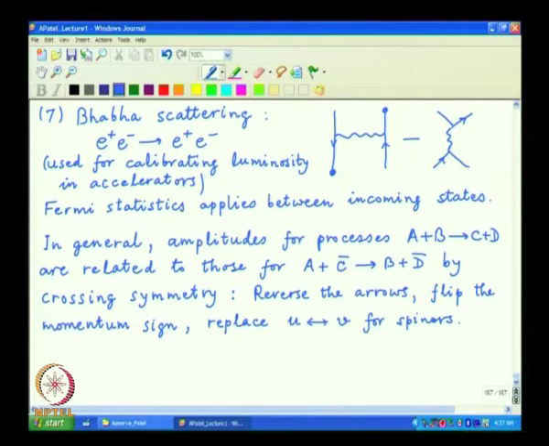So, this crossing symmetry is useful, and one does not have to do all the work all over again. If you know one of the processes, the other ones can be written down and calculated very easily, so it is a useful property.